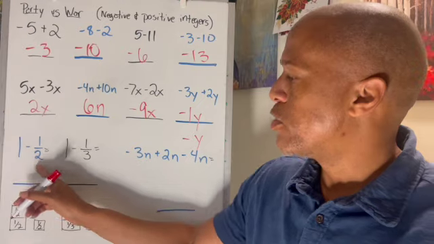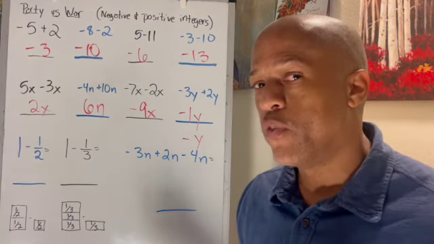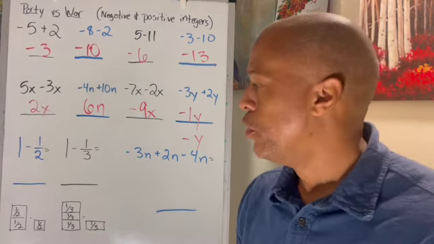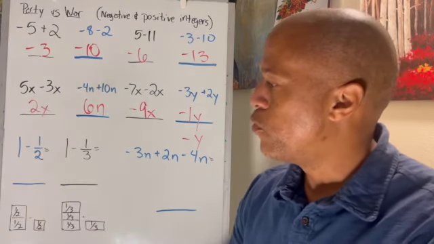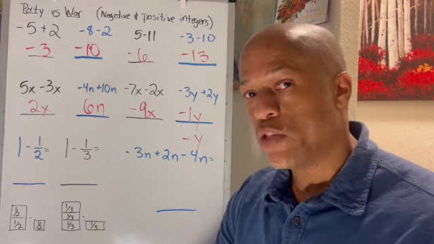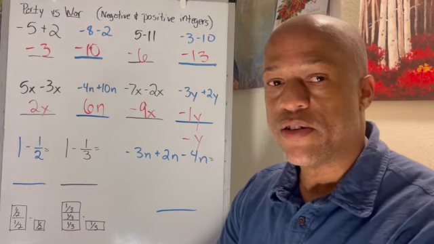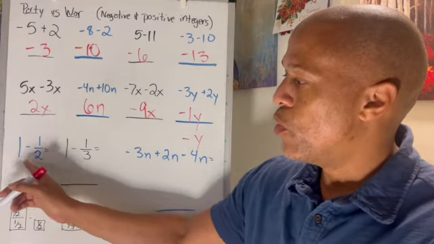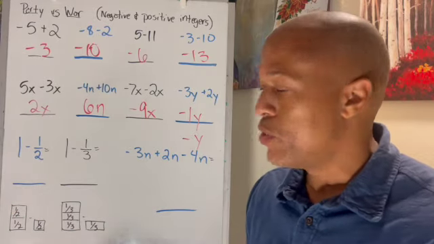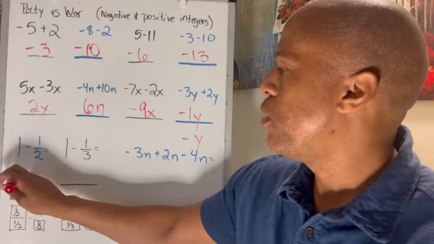What is 1 minus 1/2? First of all, is that a party or a war? Well, in this case, it is a +1 and a -1/2. So we might say that's a war. Who wins the war, positives or negatives? Well, the positives are bigger. We need to know that 1 is bigger than 1/2, so positives will win the war. And by how much will they win this war?